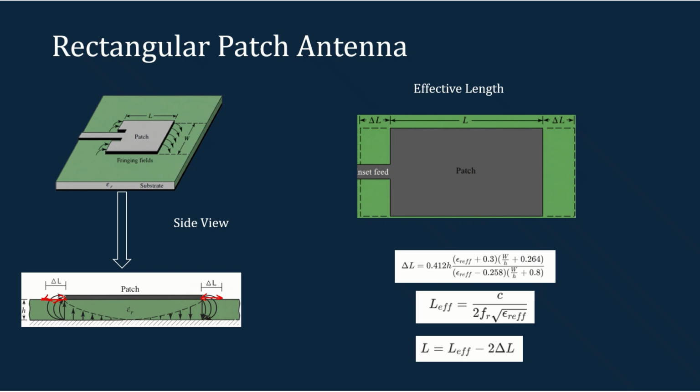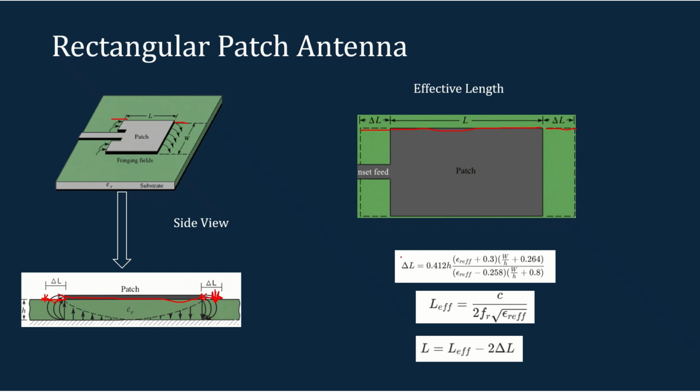So in effect, we are designing or fabricating only this much, but in the actual scenario, this much length is contributing to the radiation. That is what is shown here. Even if we are fabricating this much length, due to the fringing effect, it will be extended by delta L along both directions.